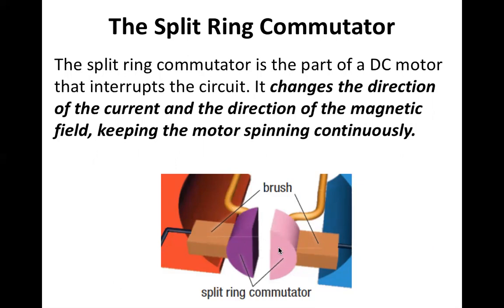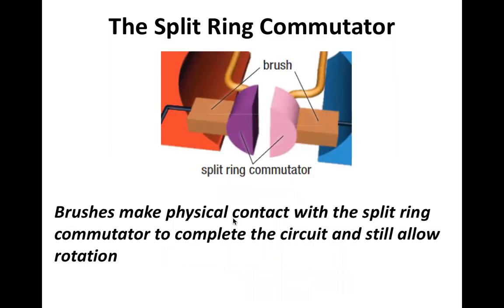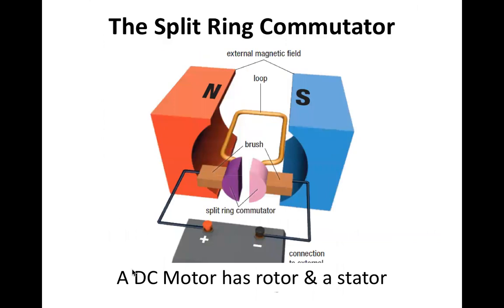So every half turn, we're going to change whether the current is going through the purple side or the pink side. Purple side, pink side, purple side, pink side, and that ensures that there's always an attraction, or there's always a force continuously spinning that loop. Brushes make physical contact with the split ring commutator to complete the circuit and still allow for rotation.